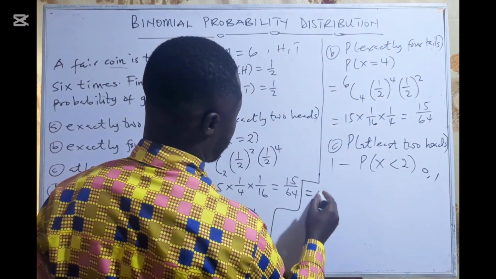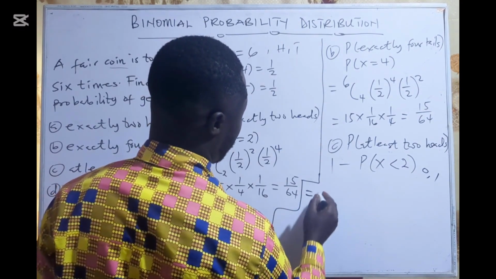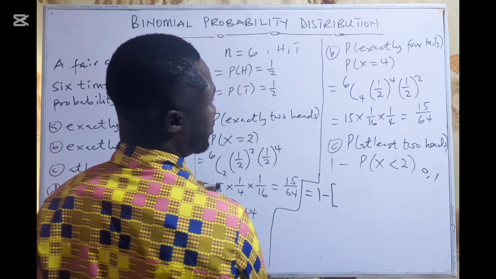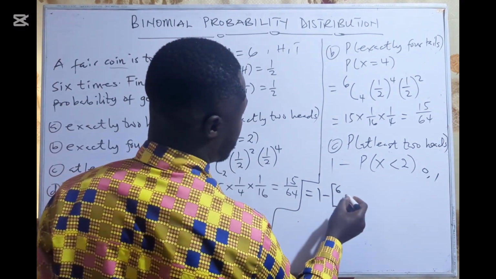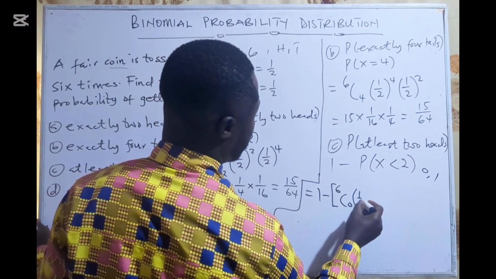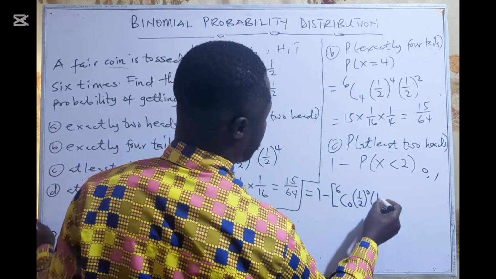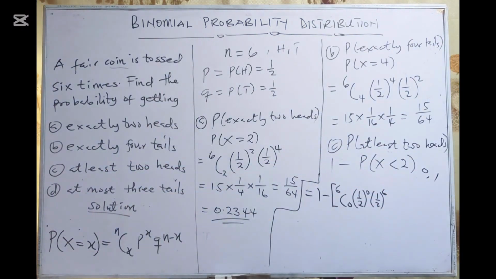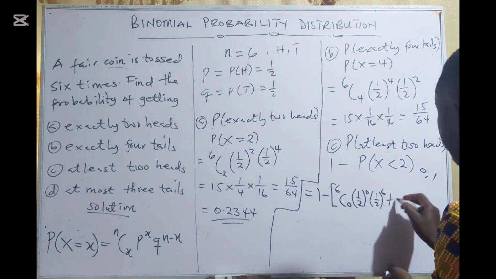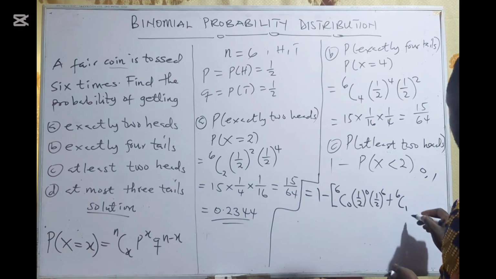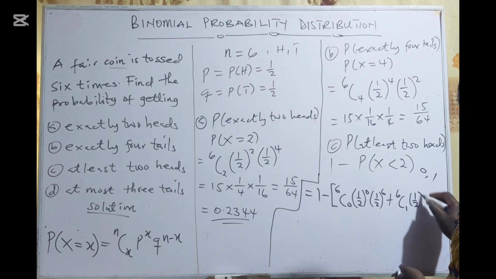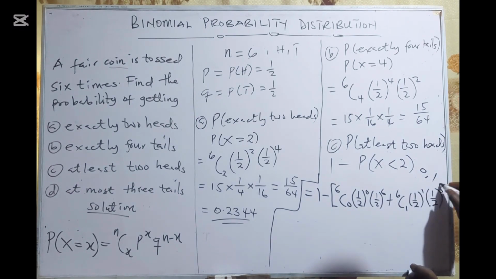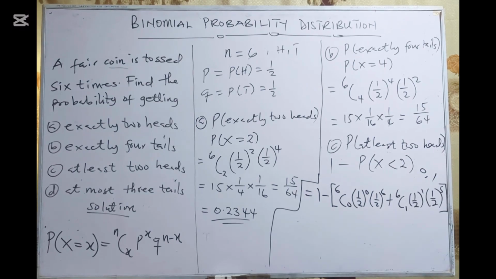So this can be 1 minus, if there is no head, let's start from no head, that will be 6 combination 0, then 1 over 2 exponent 0, then 1 over 2 exponent 6, since there will be 6 tails if there is no head. Alright. Then, or 1 head, 6 combination 1, 1 over 2 exponent 1, 1 over 2 exponent 5. So this is what we are going to have.